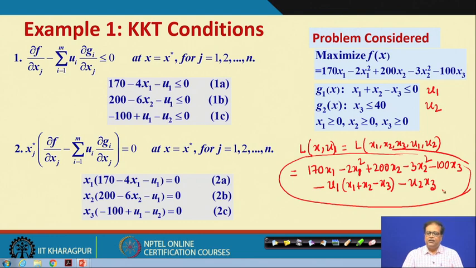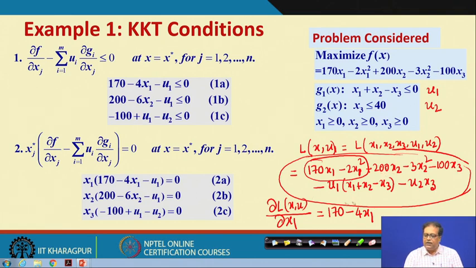Now, we take the partial derivatives with respect to x1, x2 and x3. What will be del L by del x1? That is the first differentiation. First, you see 170, then 4 x1 from the term minus 2 x1 square, so 170 minus 4 x1.